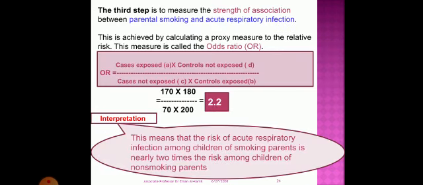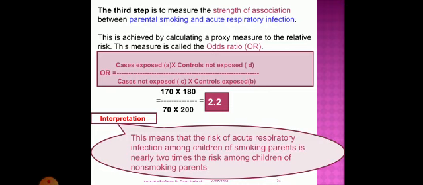The third step is to measure the strength of association by calculating the odds ratio, as we mentioned. The odds ratio is equal to A multiplied by D, divided by C and B, and by now you know what each letter denotes.